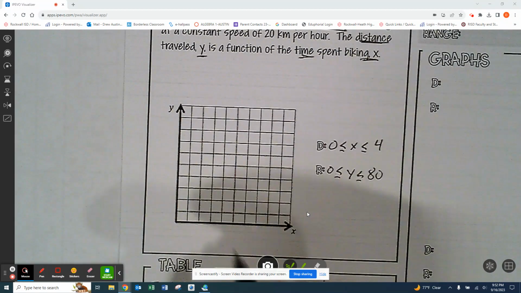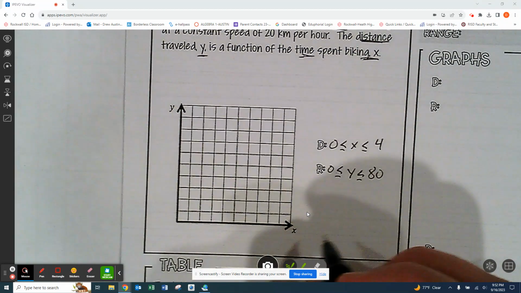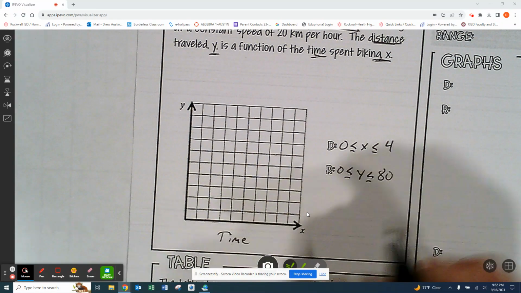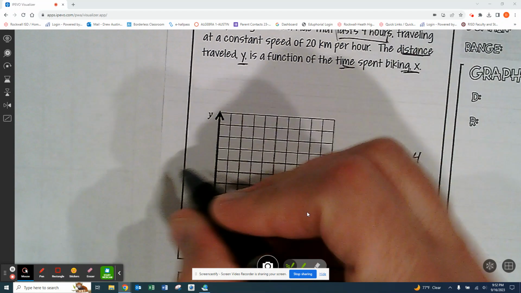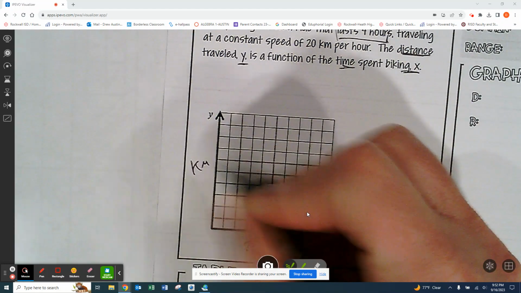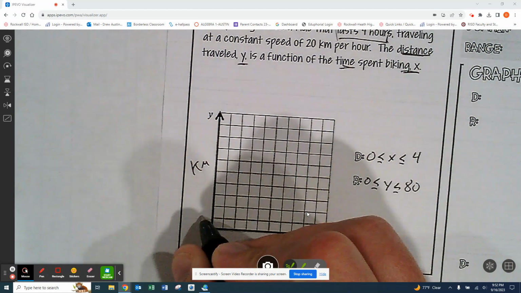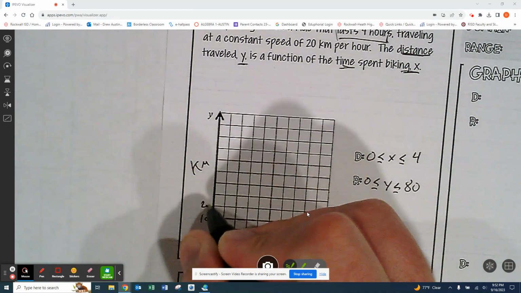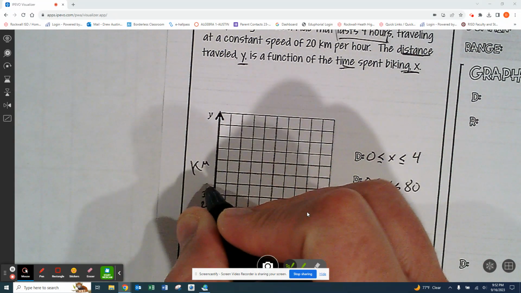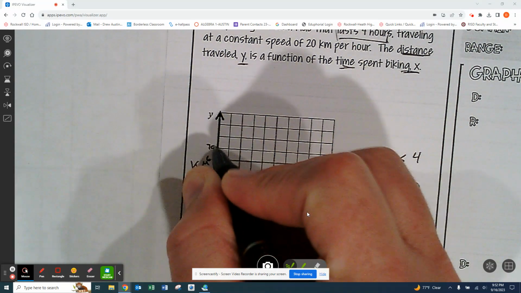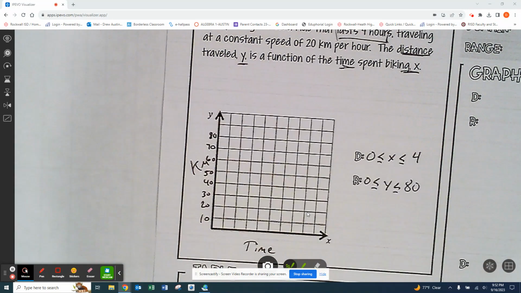If we want to go ahead and put this on a graph, I'm going to make this as simple as possible. So this right here is going to be time, my x value. My y value is going to be kilometers, distance in kilometers. I'm going to count this by 10, 10, 20, 30, 40, 50, 60, 70, and 80.